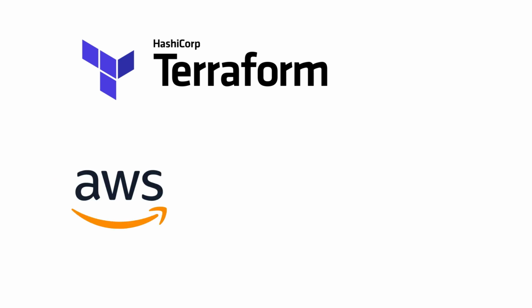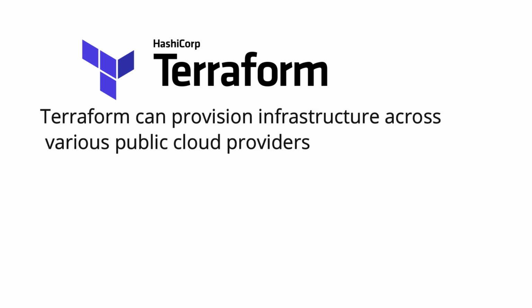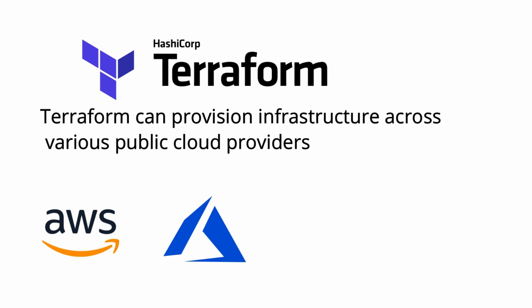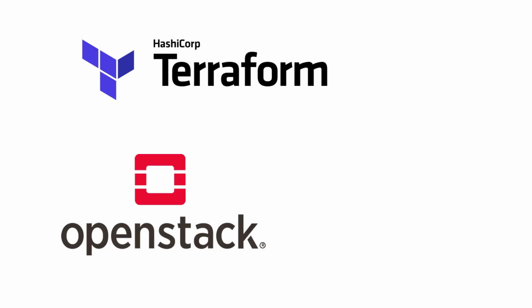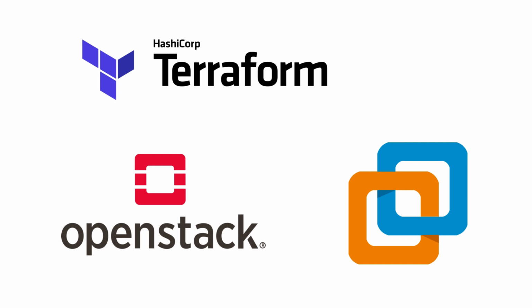Before we install Terraform and AWS CLI, we need to set up an AWS account. Terraform can provision infrastructure across public cloud providers such as AWS, Azure, Google Cloud, and DigitalOcean, as well as private cloud and virtualization platforms such as OpenStack and VMware.